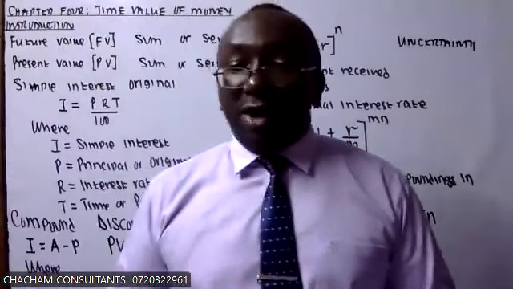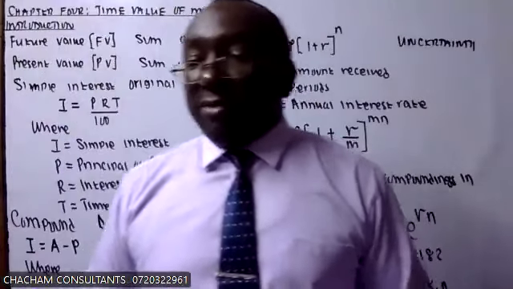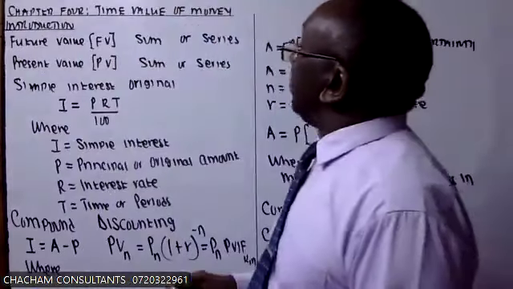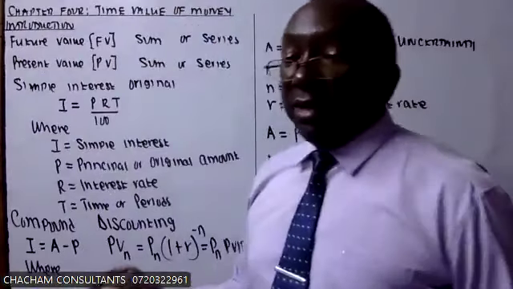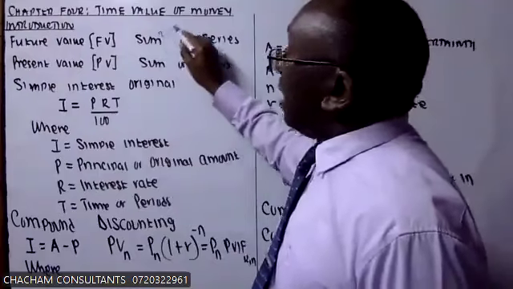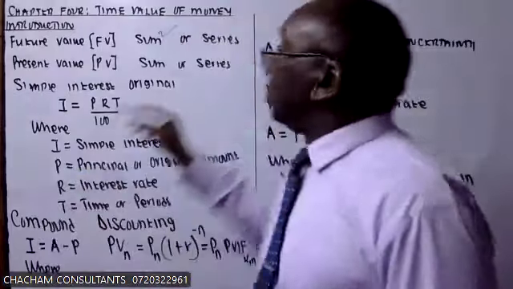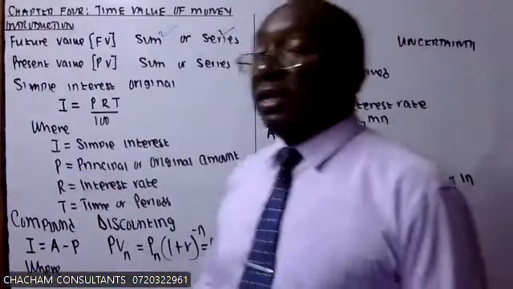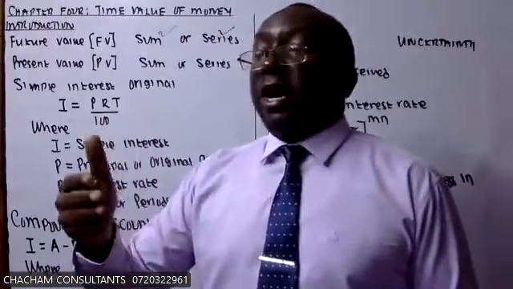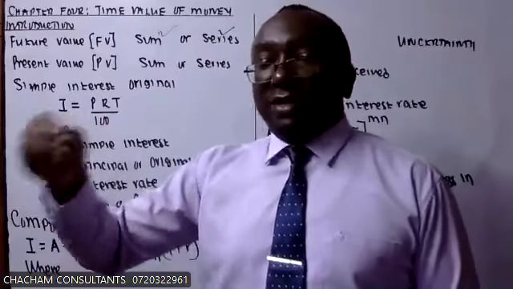Compounding, discounting. And something else that I was almost forgetting is that when we are talking about money, we are talking of a sum, which is a single amount, or we are talking of series. Series means several amounts or different amounts.